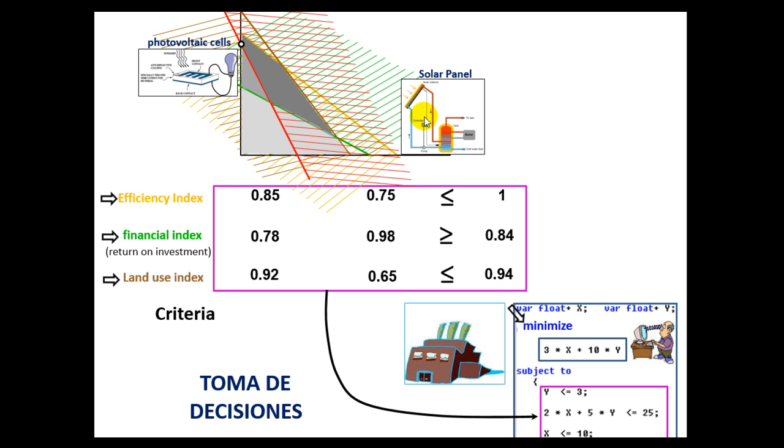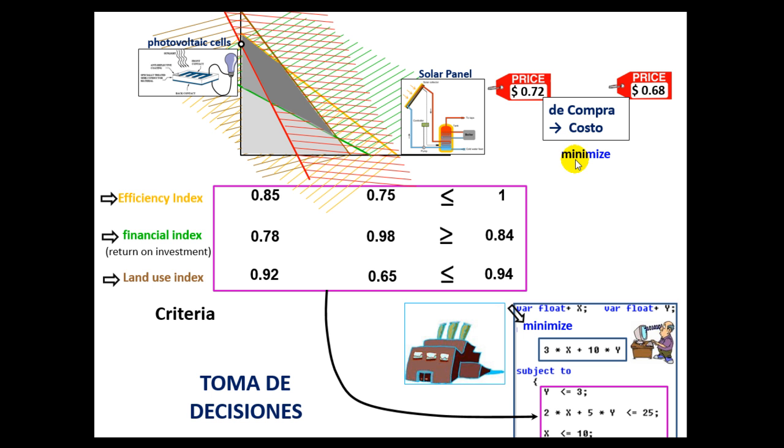So if these are the prices of both options, the cost, then what you have to do is minimize this expression, which is price times quantity plus price times quantity, minimize the cost subject to this constraint right here.